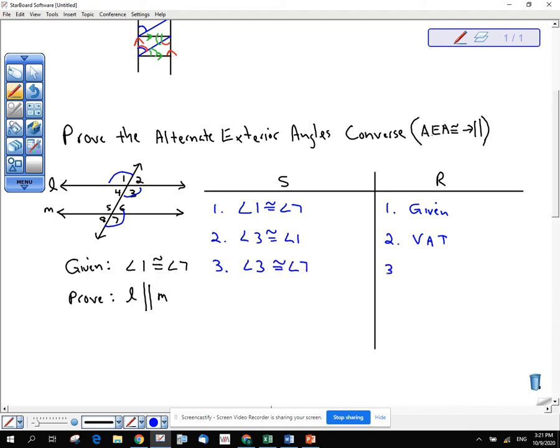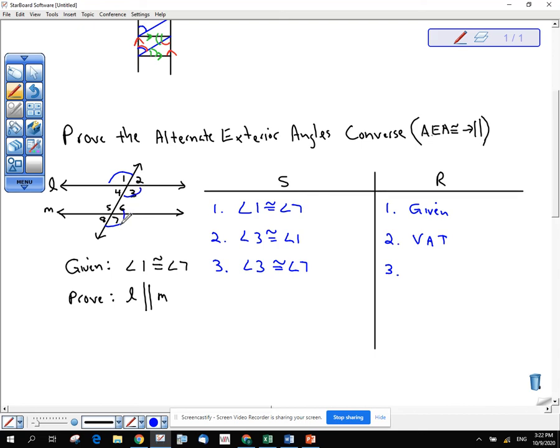Now, critical. There's a couple critical points in this lesson, and here's the other one. This is not corresponding angles. You want to look at this and go, oh, 3 and 7, they're corresponding angles, and you want to put something about corresponding angles here. Wrong. We don't know the lines are parallel. You do not know these angles are congruent because the lines are parallel. Okay? We're actually trying to prove the lines parallel. We don't know they're parallel.